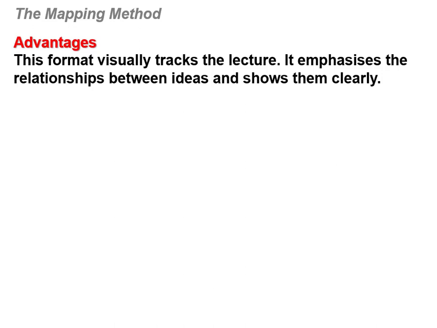So you'll know that this point is related to other points, and you'll see the structure of the lecture visually. And it emphasizes the relationship between ideas and shows them very clearly. It shows how the ideas are linked. So it's a pictorial or a visual method of representing a lecture or a class.